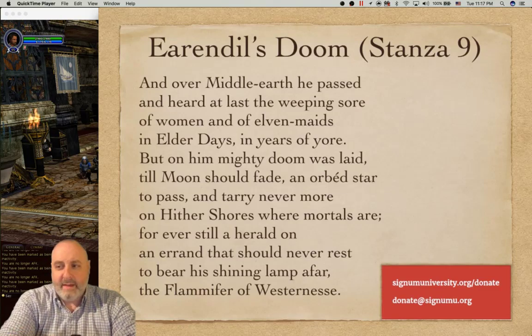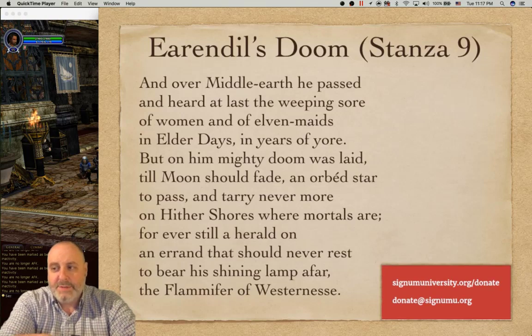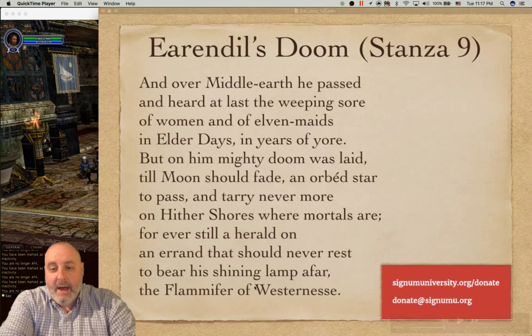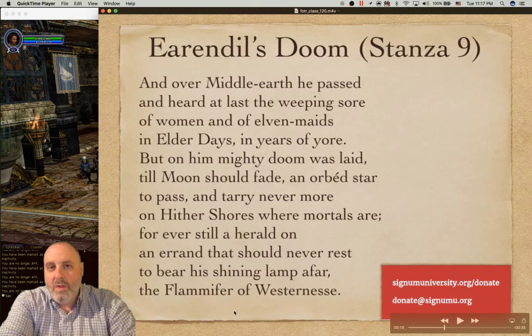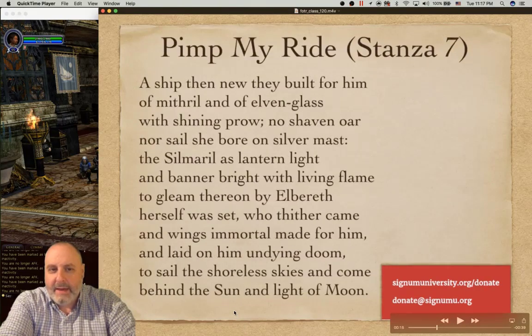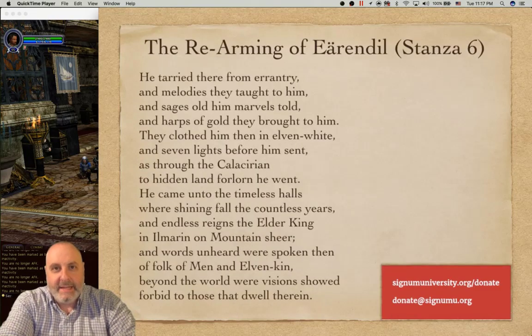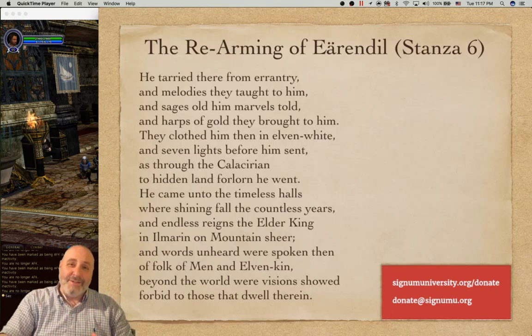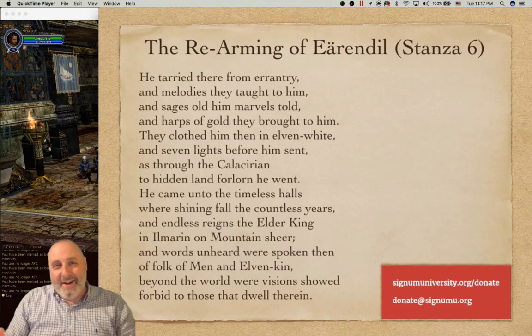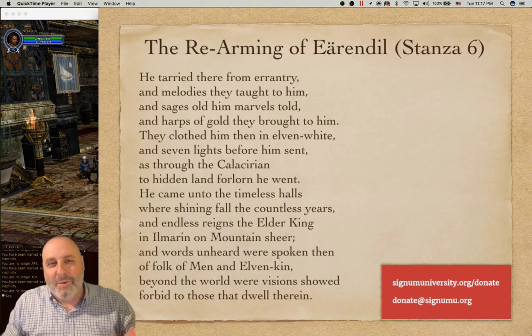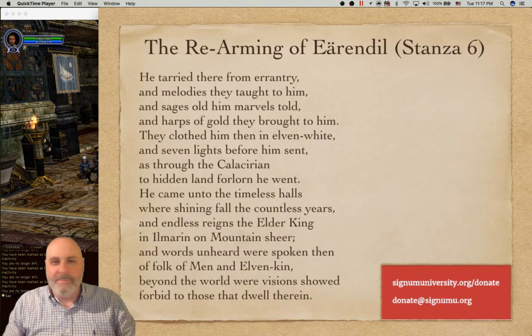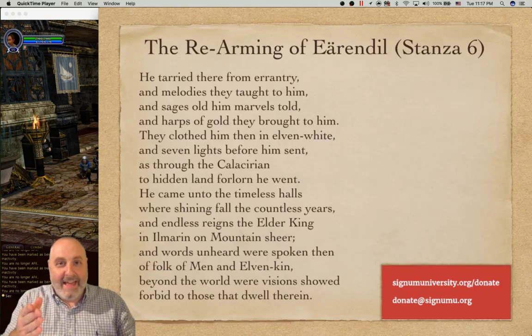Fourth Dauntless is asking, is this a deliberate contrast to his previous errantry? Yeah, I mean, yes, the words are similar, right? But he tarried there from errantry means something different. This doesn't mean he'd been running a bunch of errands, but he paused for a little while to learn some melodies. That's not what's being said in that line.